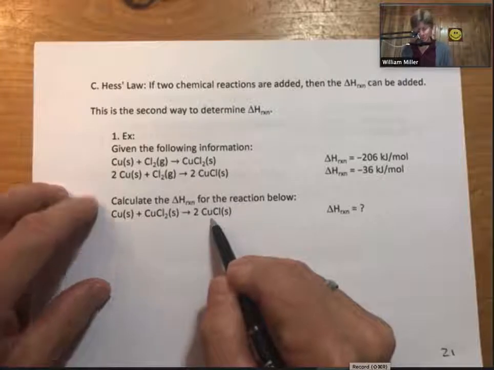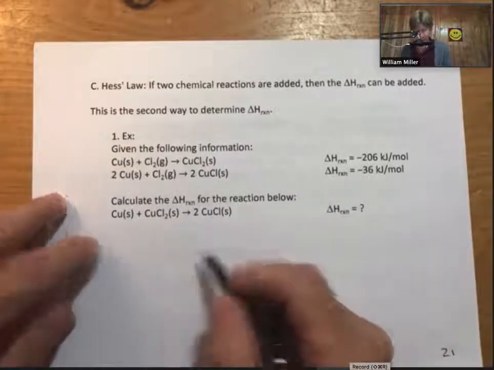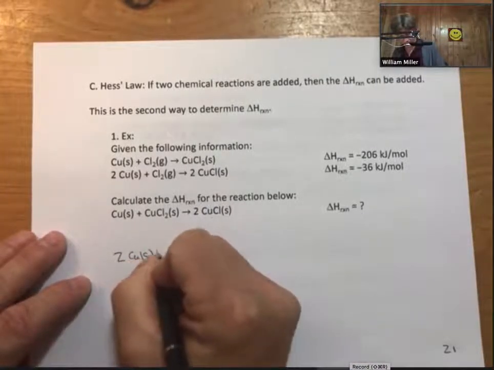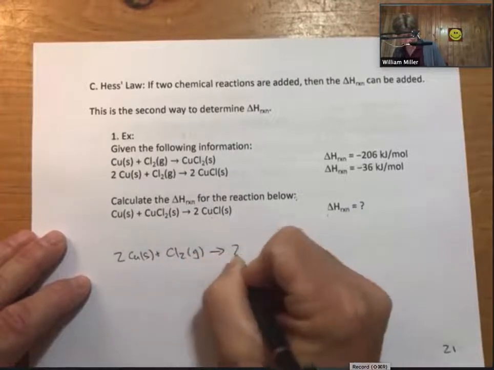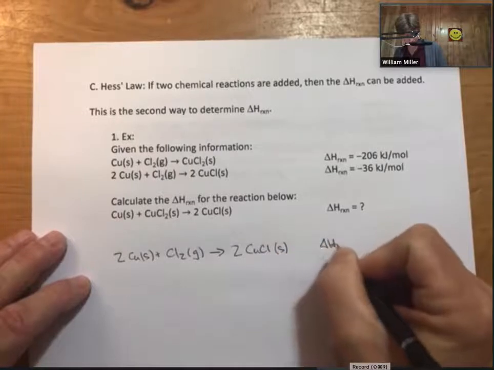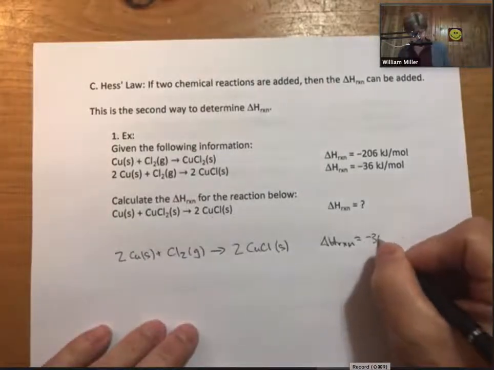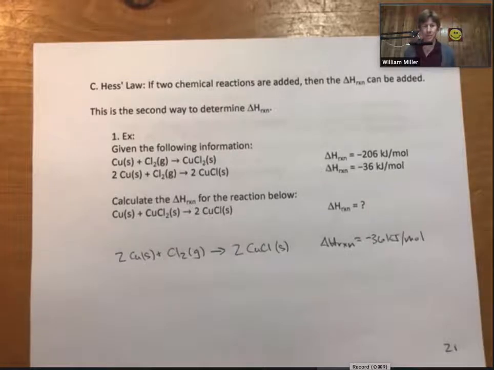So I'm going to take this reaction up here and write it down here just exactly like it is, with its delta H reaction minus 36 kilojoules per mole.